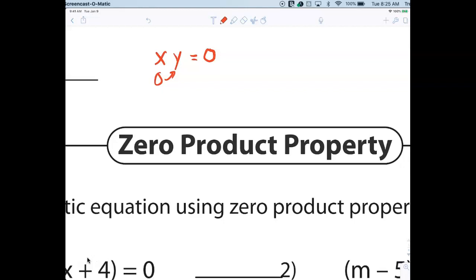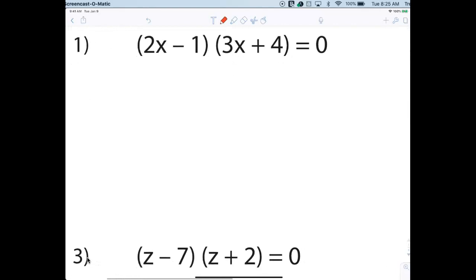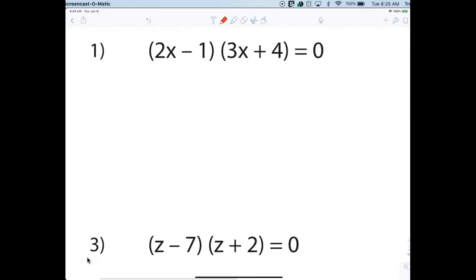We'll do the odds here. So here is where we're starting at number 1. If I said 2x minus 1 times 3x plus 4 equals 0, what? We'll let you put it in.